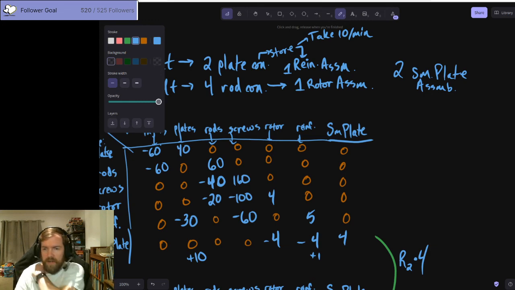And we'll just keep taking them. Alright, the 4 rod constructors spit out into bins. We have 4 screw constructors.